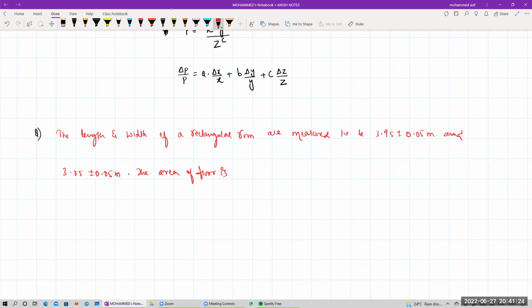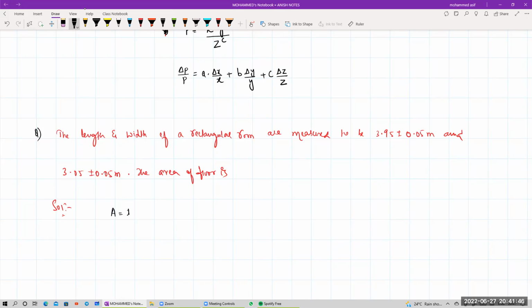Can you try? Length and width of the rectangular room are being given. 3.95 plus or minus 0.05 meter and 3.05 plus or minus 0.05 meter. The area of the floor will be equal to how much? Can you try? How do you write the area? Rectangular: length into breadth.